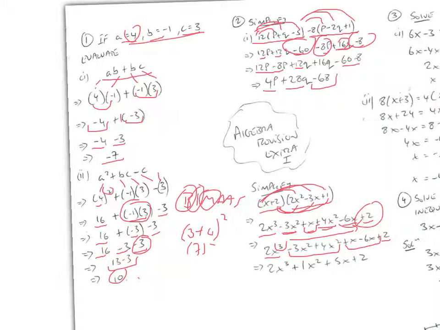So that's 2x cubed, minus 3x squared plus 4x squared is plus 1x squared, plus x minus 6x is minus 5x, and plus 2. So the answer is 2x cubed plus 1x squared minus 5x plus 2.